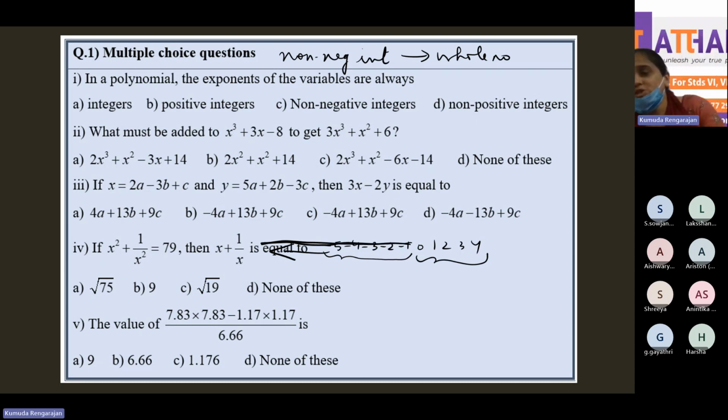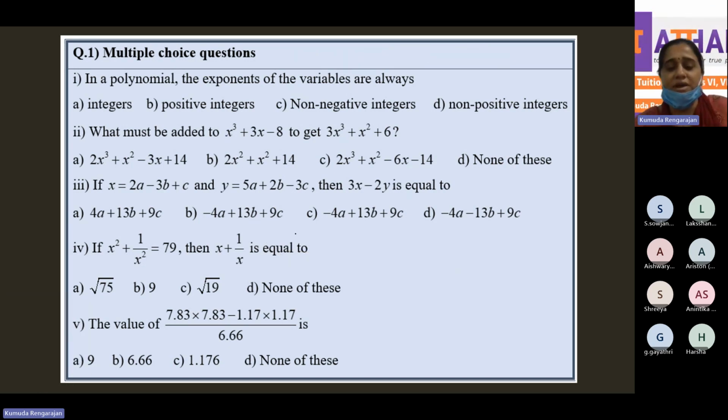When we say non-negative integers, write down the integers: 0, negative, and positive. Non-negative meaning it should not be negative. So cover all the negative integers. We have negative integers, we have 0, and we have positive integers. 0 is in the middle, to the right we have positive integers, to the left we have negative integers.